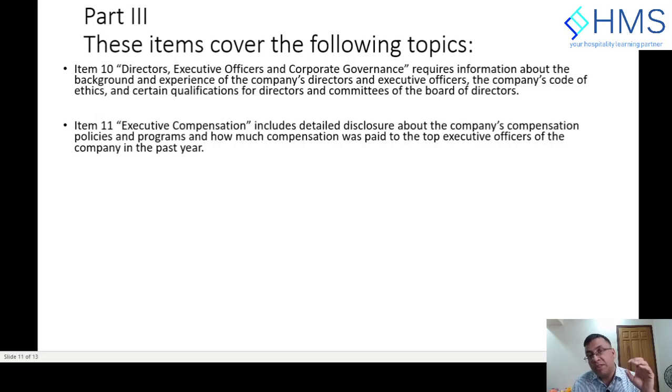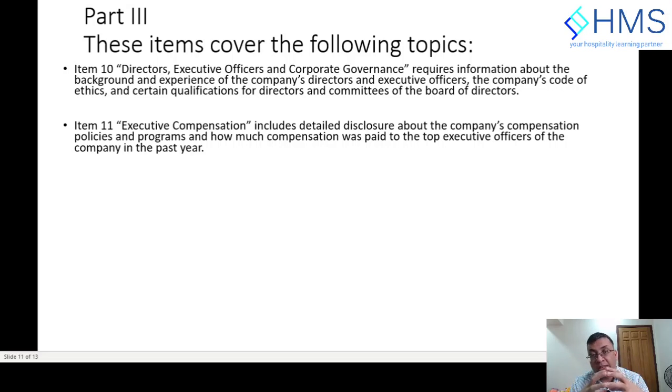Executive compensation is quite important to understand because it may help to understand how the compensation is structured. Is it variable based on incentives or the company's share price?